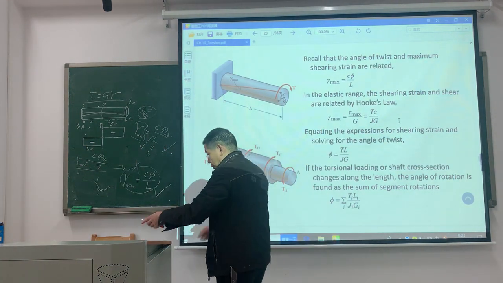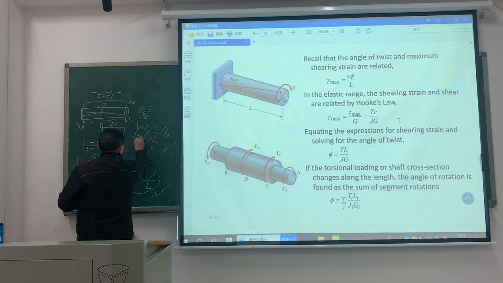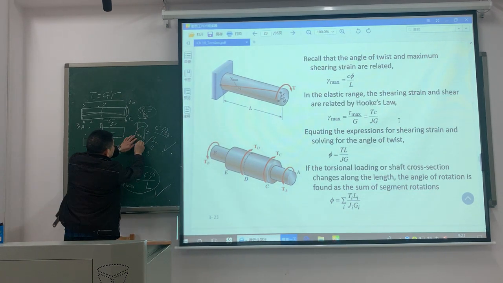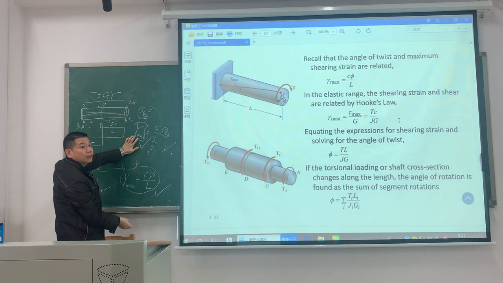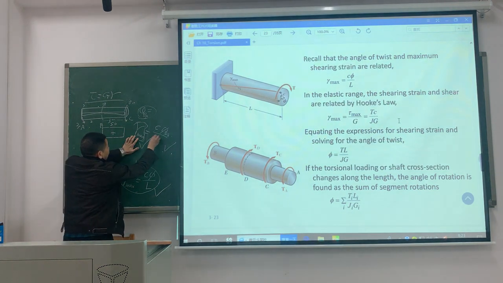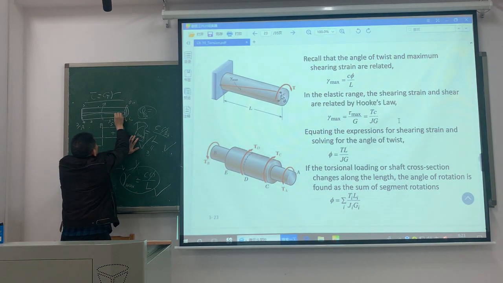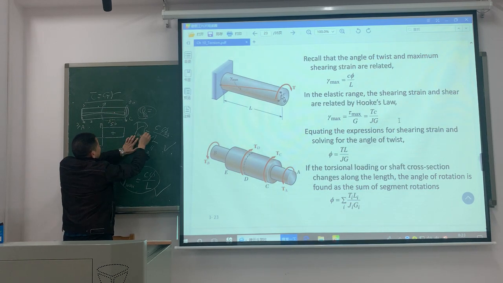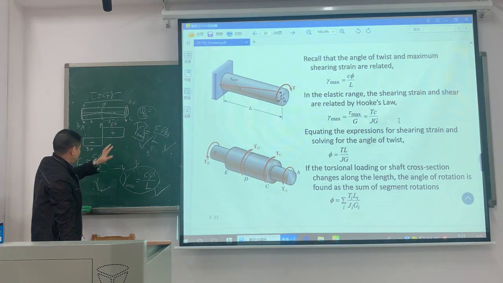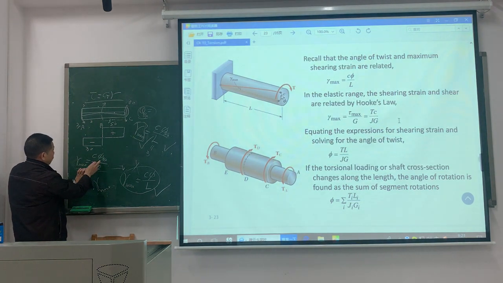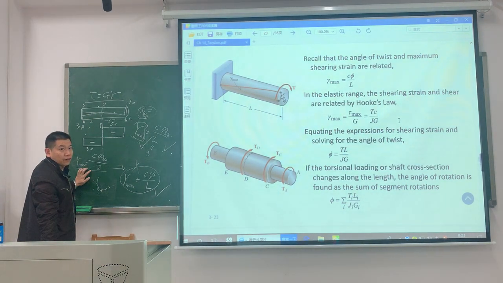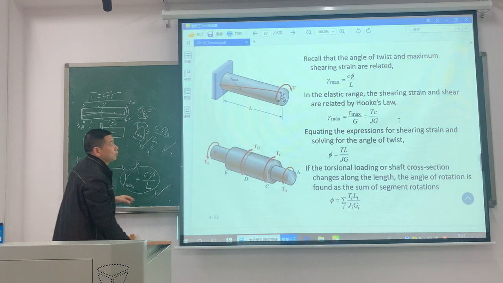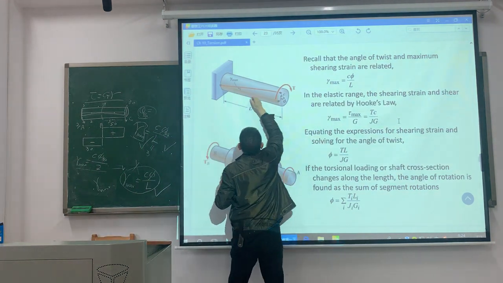Understand? You know that gamma minus C phi CB is the length. Yes or no? L is the length. So gamma max is the angle. For this one, gamma max is the angle.